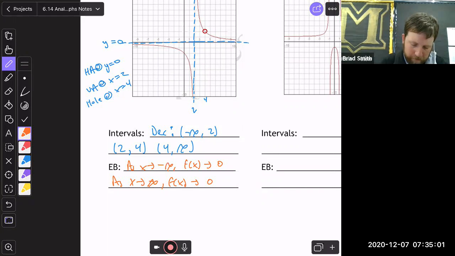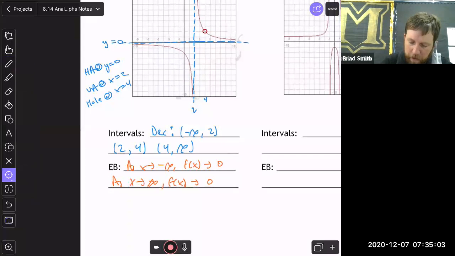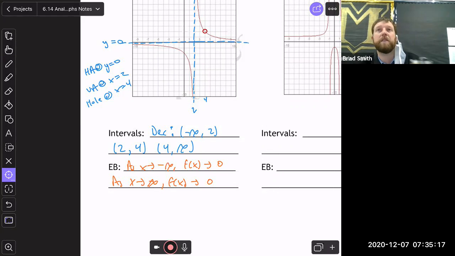So you're looking here. Where's the graph going? It's getting closer and closer. As I go to the left, what's happening on this end? It's getting closer and closer to 0, but it'll never cross it. Same thing over here. As I go to the right, it's getting closer and closer to 0, but it'll never cross it. So that's why my end behavior is it's approaching 0.